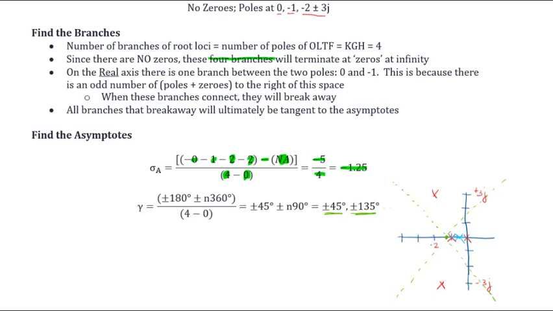It's hard to know which side that they will land on. Will they do this? Or will they do this on the other side of the asymptote? There's really no way to tell from this drawing how that will happen.